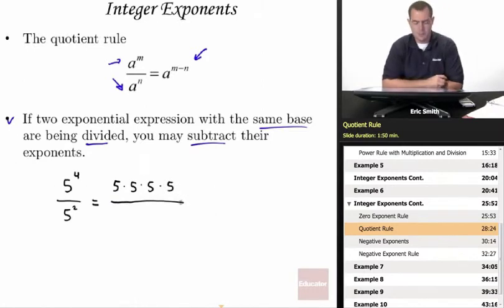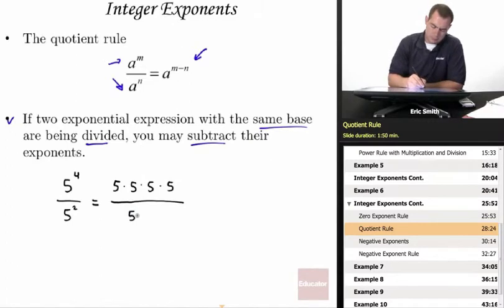Then I could look at the bottom and say, okay, what is 5 squared? Well, that would be 5 times 5. And then I could go through canceling out my extra 5's in the top and in the bottom. So this would leave me with just 5 times 5, which is the same as 5 squared.